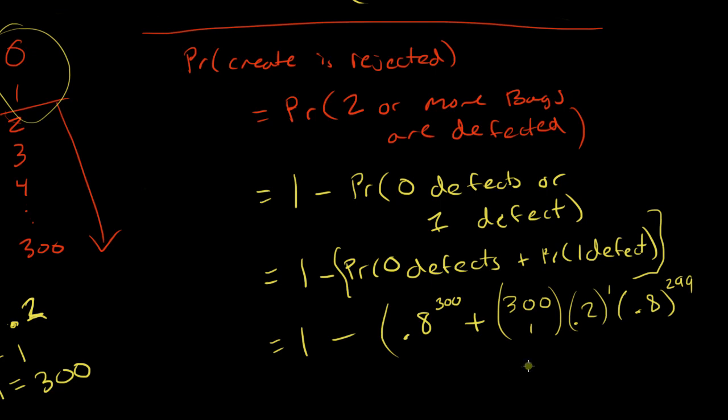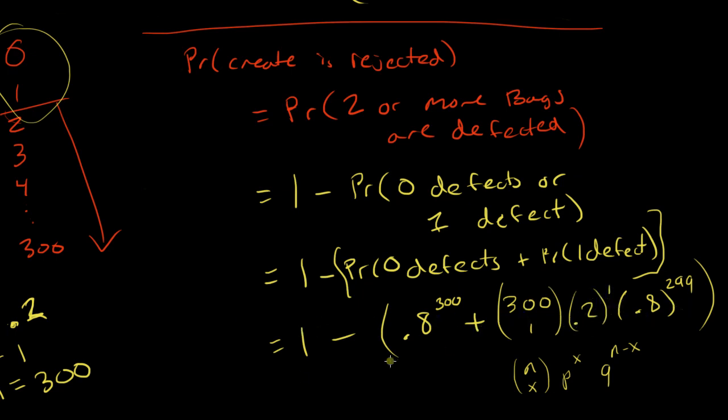You guys remember this? This is n choose x, p to the x power, q, or 1 minus p, to the n minus x power. And 300 choose 1 is just 300 actually.